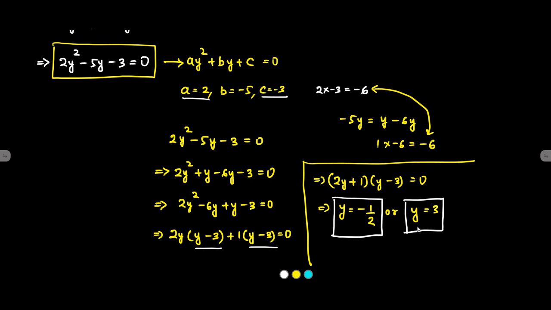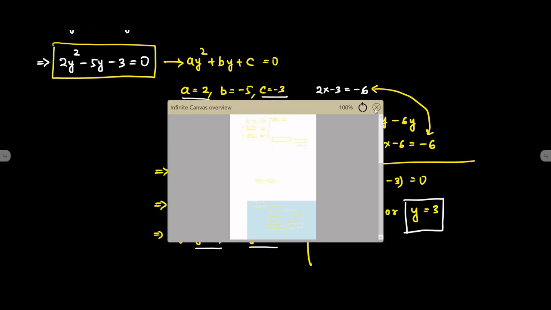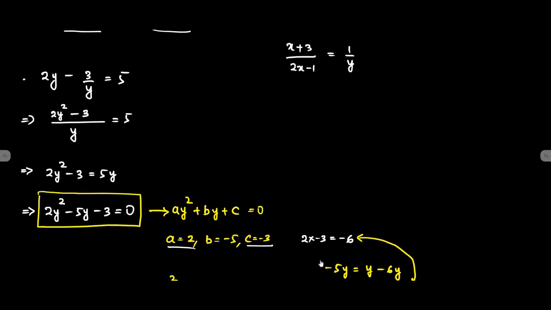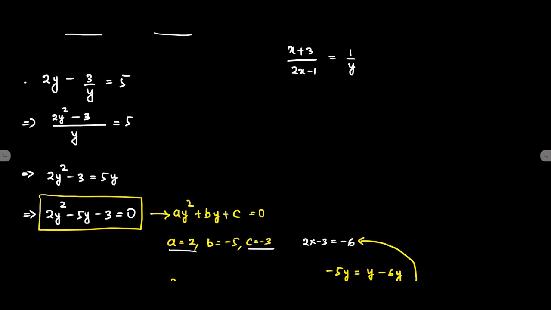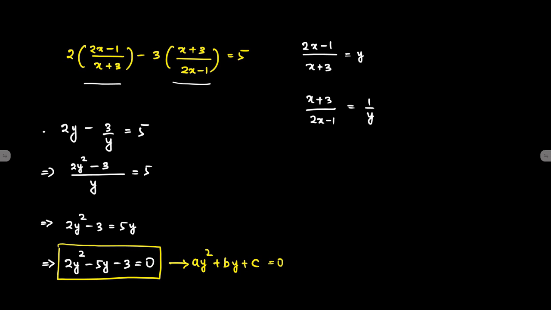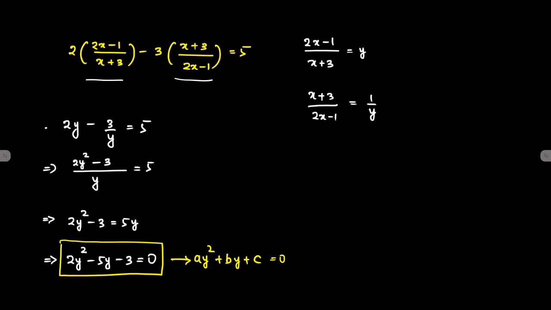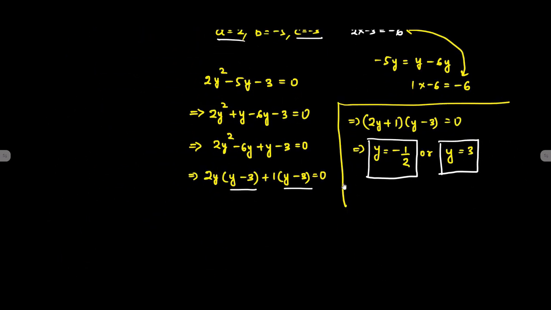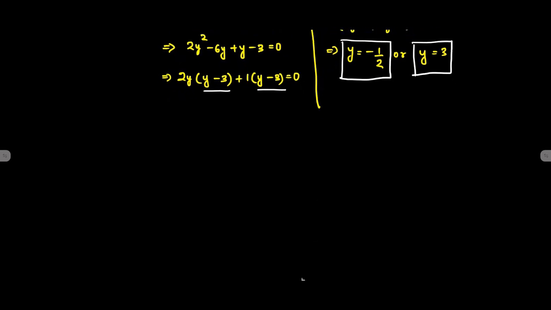So now we have to go back to the original substitution which we made, which is y is equal to (2x minus 1) by (x plus 3). So there will be two cases.